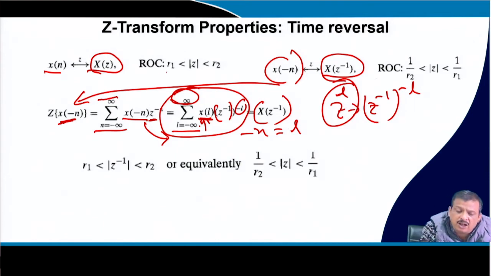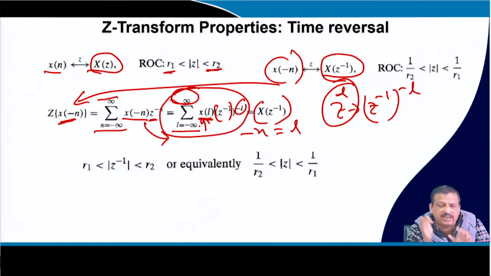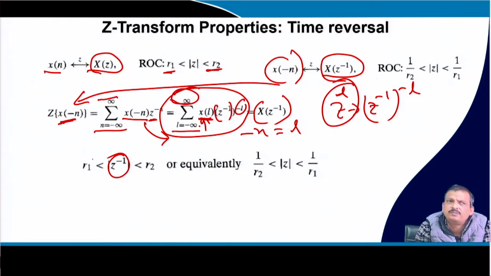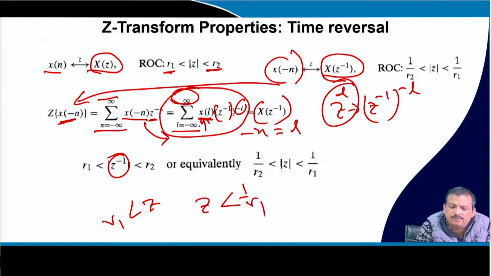Now, if the region of convergence is R1 and R2, so both sides it is there. So, I said region of convergence is Z greater than R1 and Z less than R2. Now, let Z be replaced by Z to the power minus 1. When Z is greater than R1, when it is Z to the power minus 1, that means Z should be less than 1 by R1.